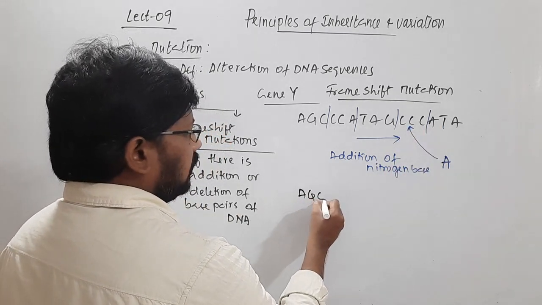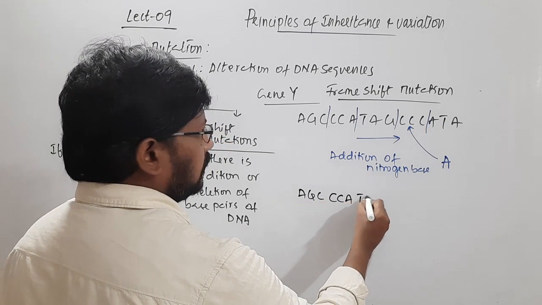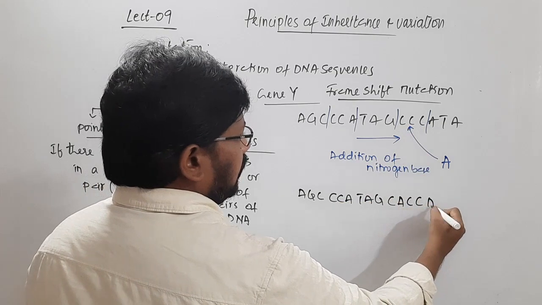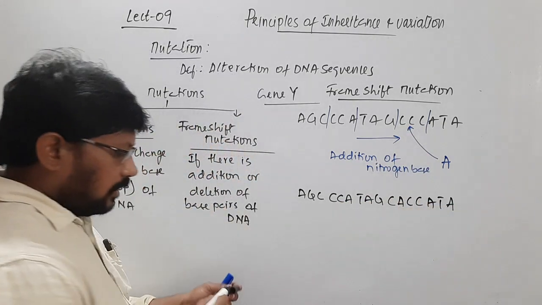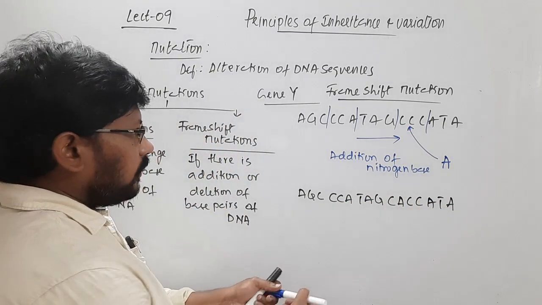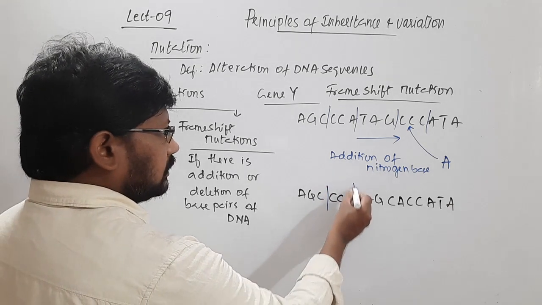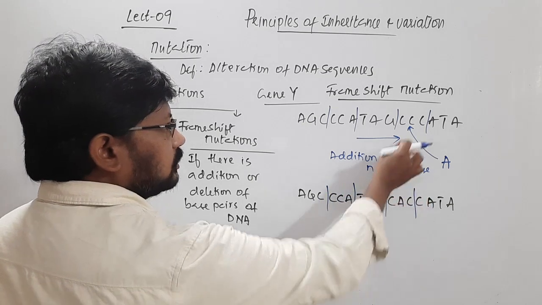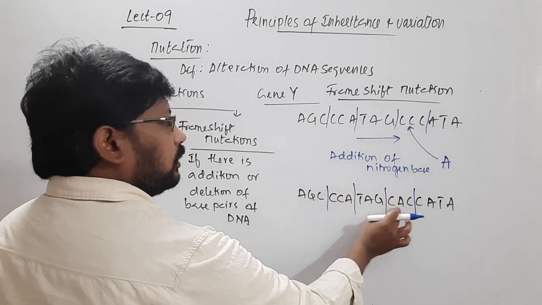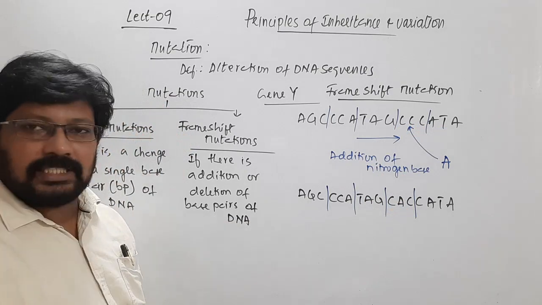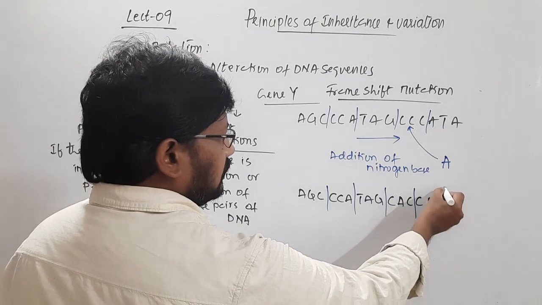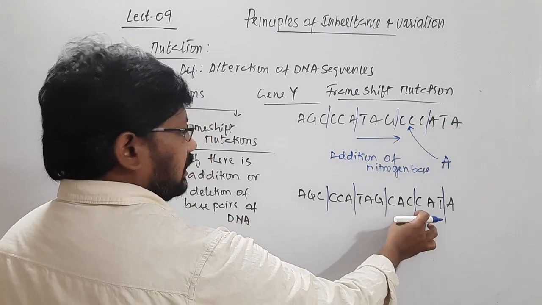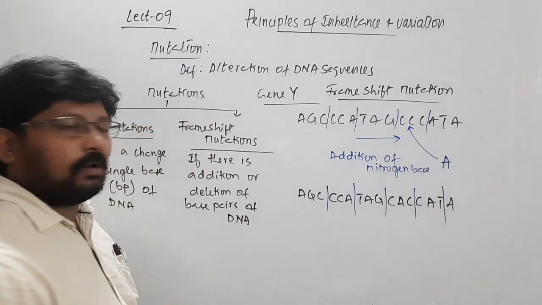So AGC, CCA, TAG, C, now here ACC, ATA. You can see this one remains as it is, but instead of CCC we have a difference, CAC, and then the next CAT has come. Actually it should be ATA, but it has come as CAT, and so on.